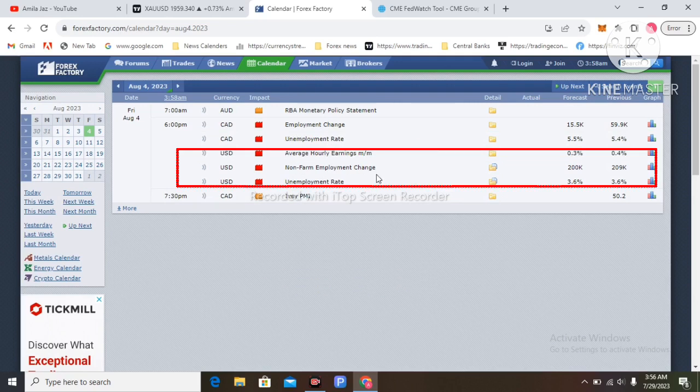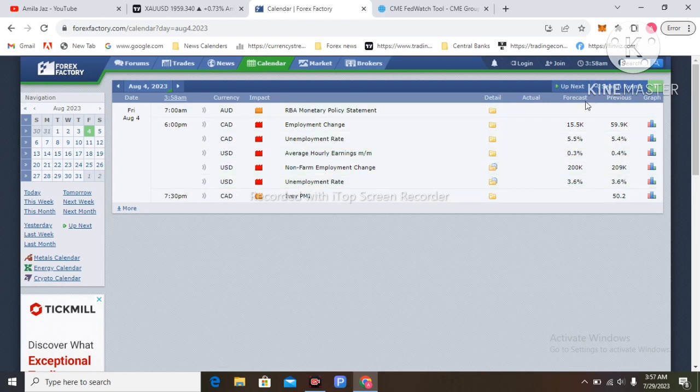The non-farm employment change previous figure is 209k, and the forecast is 200k, a drop to 200k. This economic event is very important for your next week's gold trading. You should watch this economic data if you are trading gold regarding the US dollar.